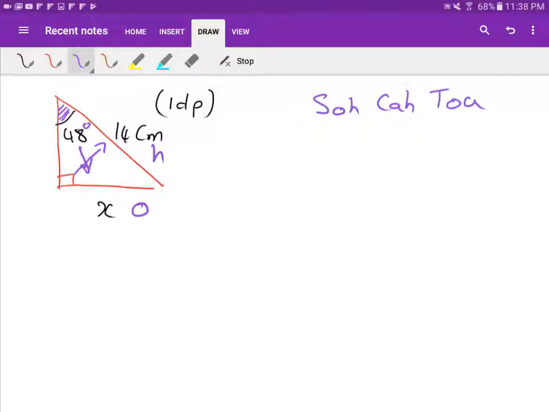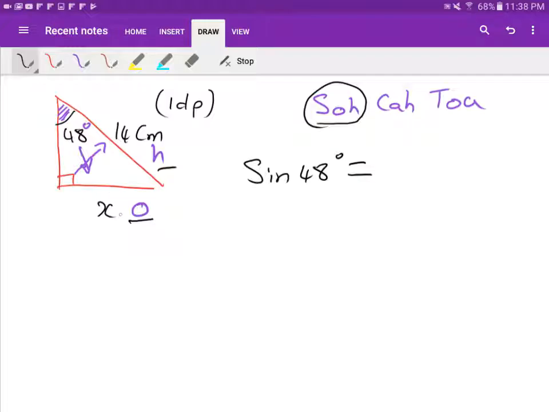Looking at this problem, we've got O, we've got H, so OH, so we follow SOH. Then we start with SOH. S stands for sine, and whatever the angle given is, we write it down. In this case it is 48, so we write sine 48 degrees equals O. Remember to follow this order.